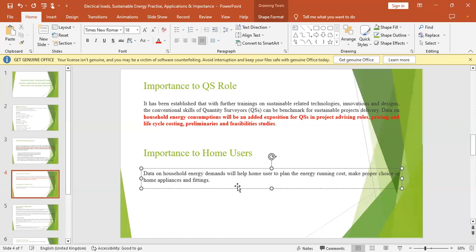With this study, we'll be able to check, if I want to buy a television, for example, which wattage will not consume much power, so I can track and plan my energy usage.